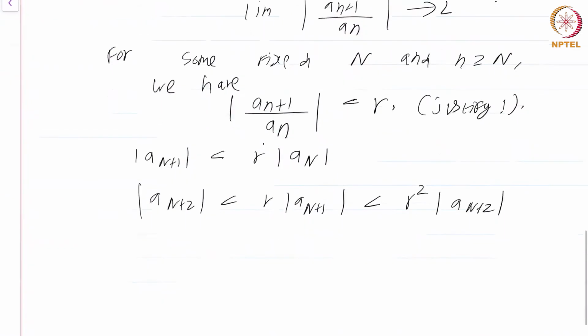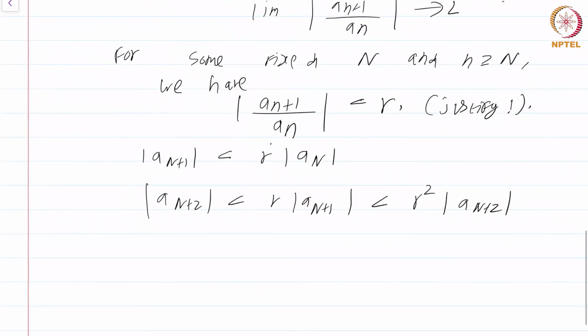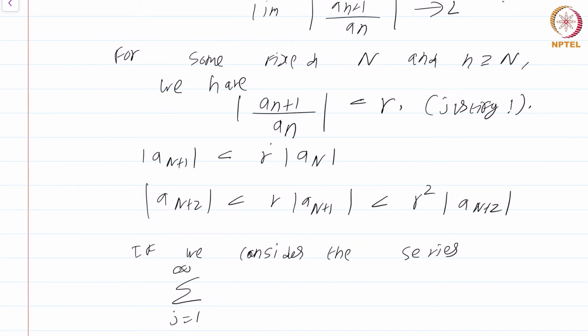So what will essentially happen is, if we consider the series summation j equals 1 to infinity of mod a_{n+j}.